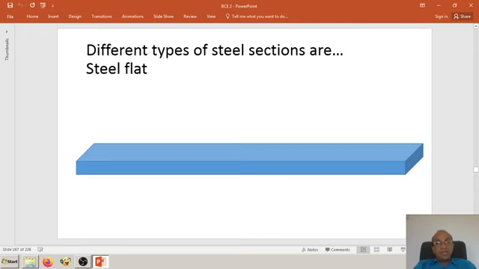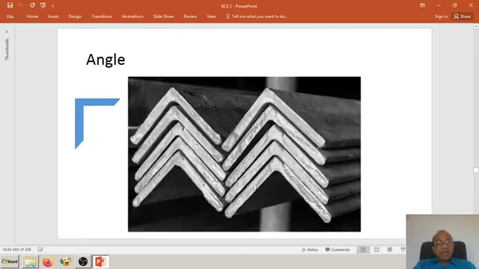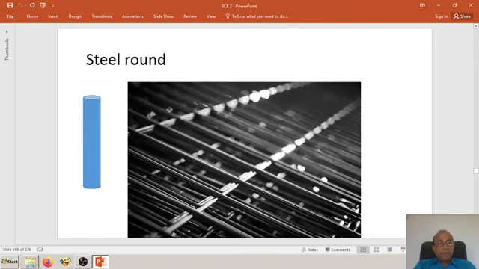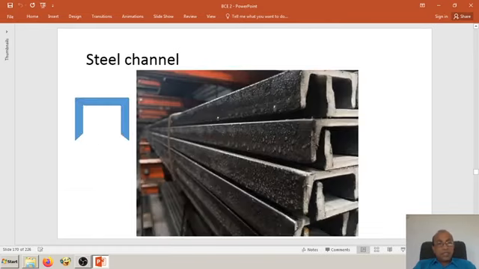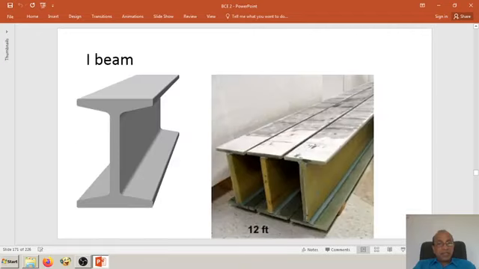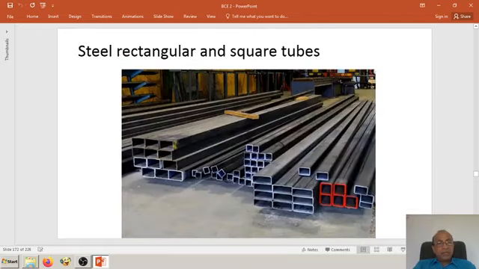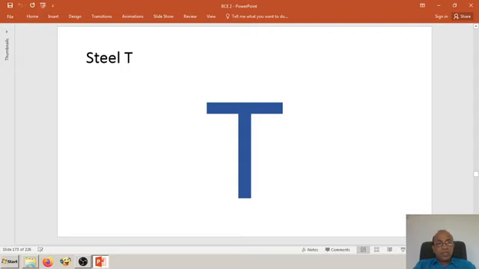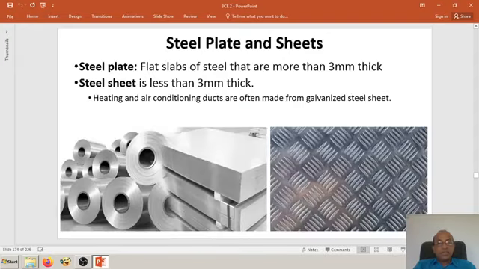Different types of steel sections are steel flats, steel angles, because it has the shape of an angle, steel rounds, steel channels, then steel I-beams, then steel rectangular and square tubes, then steel T-sections, then steel plates and sheets.